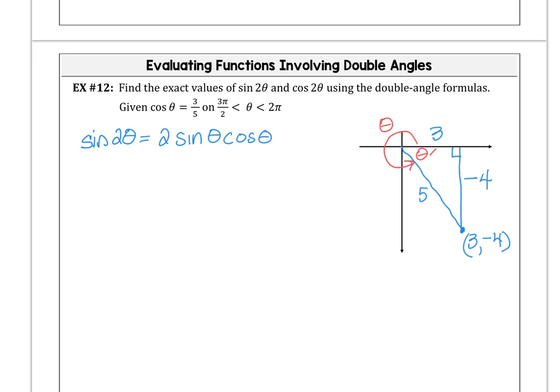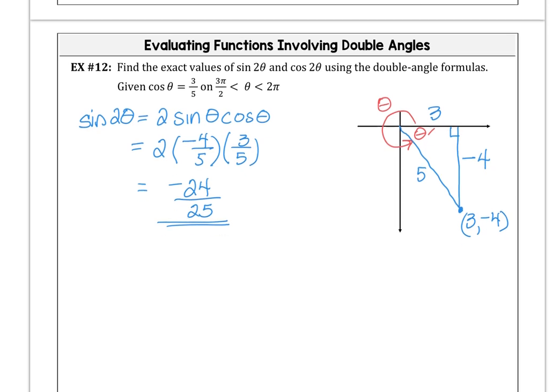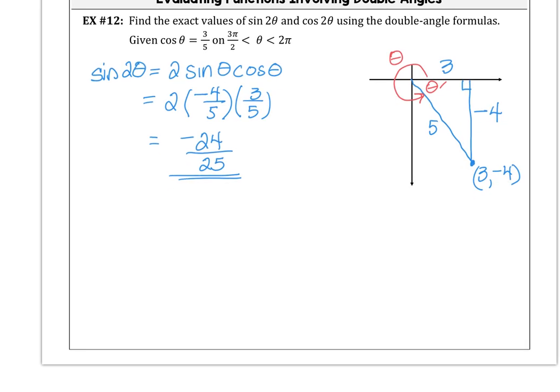And the sine of 2 theta is going to be 2 times the sine of the triangle, which is opposite over hypotenuse, cosine of the triangle, adjacent over hypotenuse. We have 2 times 4 times 3, that's -24, divided by 25. So that's the sine of the double angle. And then the cosine of the double angle, I'm going to use the formula cosine 2 theta is 2 cosine squared minus 1.